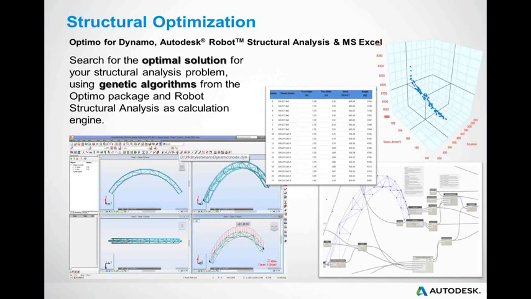The Optima package makes use of genetic algorithms to generate new values from initial population values. The parent-child relationship, in fact, using Dynamo as the central canvas, Robot Structural Analysis as the calculation engine, and Excel as the post-processing tool, you can get ideal recipes for structural optimization principles.